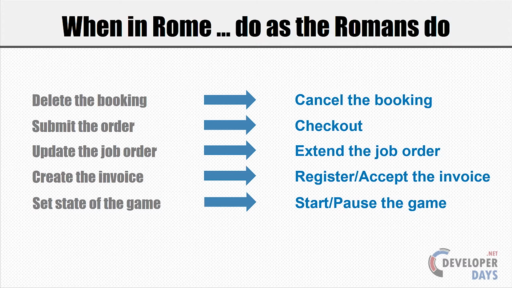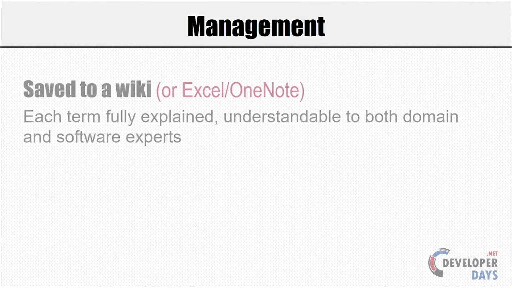Set the state of the game, if you are in the gaming industry, could likely be something like starting or pausing the game. But these expressions are learned from user requirements, from the analysis we do from the millions of words we receive from customers out of interviews and meetings.